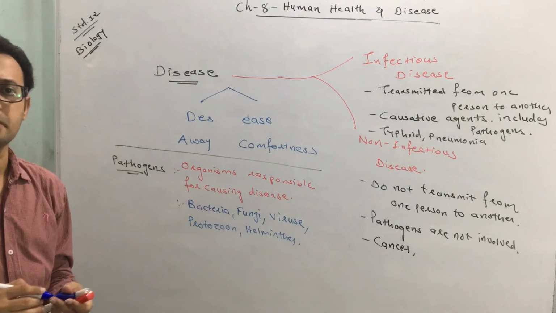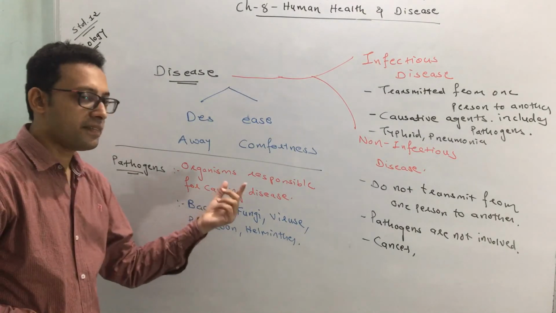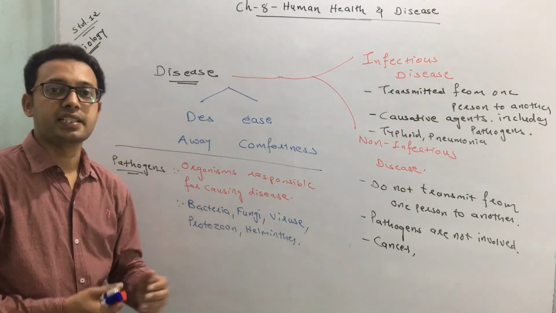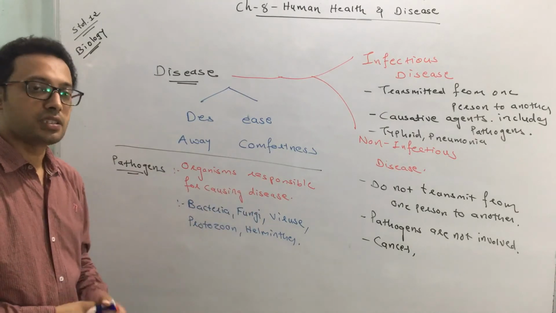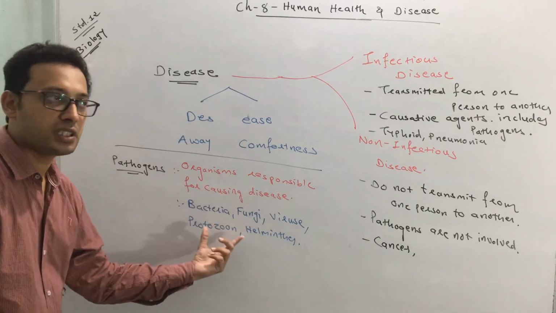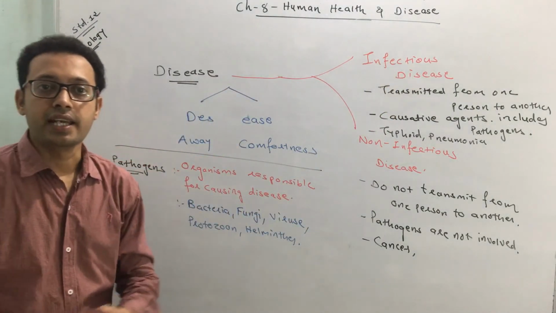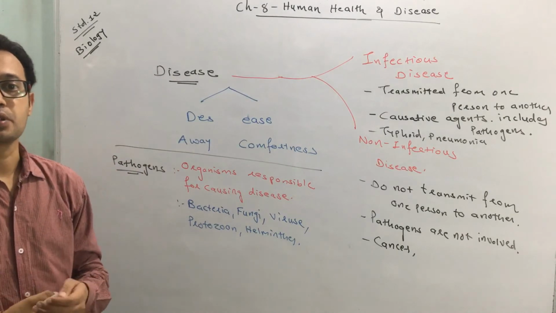These are a few examples. They are considered pathogens because they are responsible for causing a disease. The pathogen can cause infectious disease, and they transmit or spread from one person to another person.